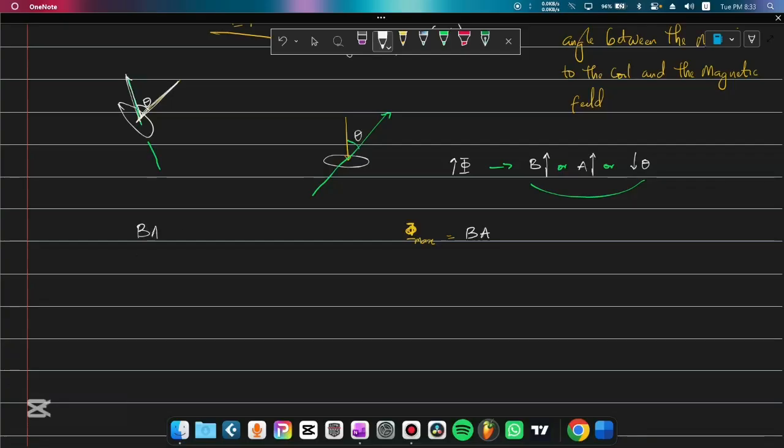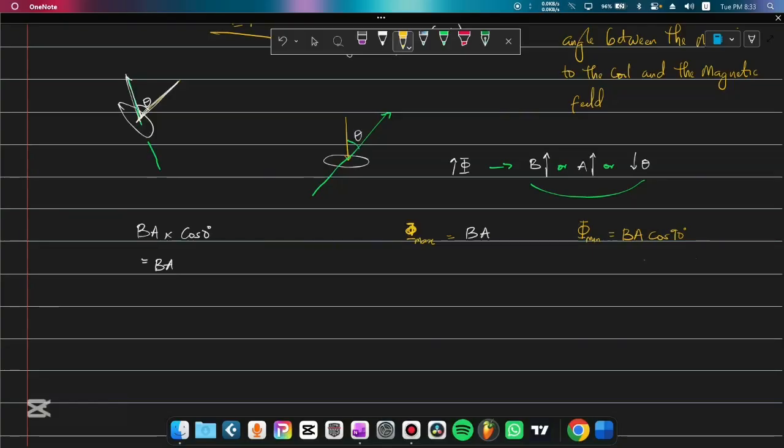Because when BA is multiplied by cos 0, which is 1, I'm going to be having BA. Well, our magnetic flux will be at minimum when theta is equal to 90. So our minimum magnetic flux can be calculated as BA cos 90 degrees.